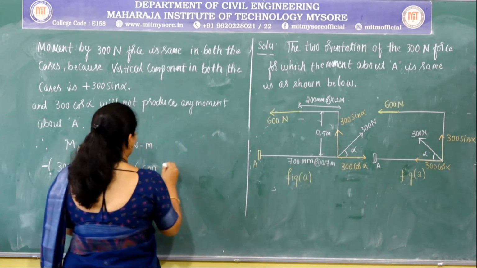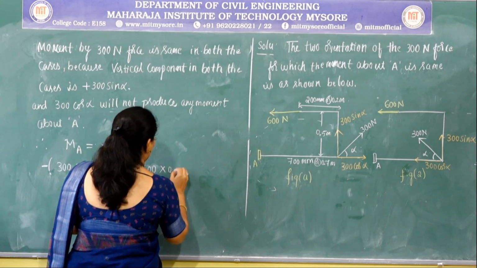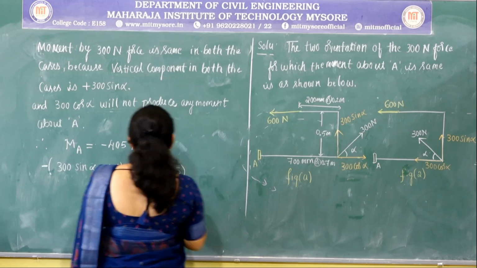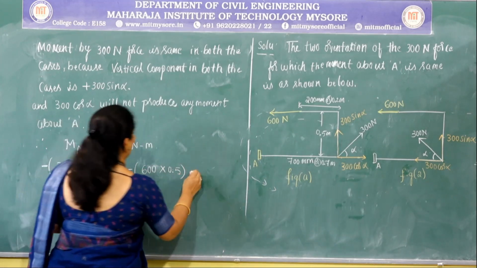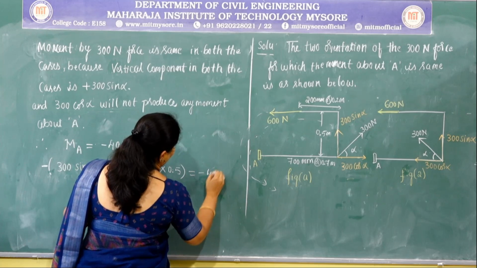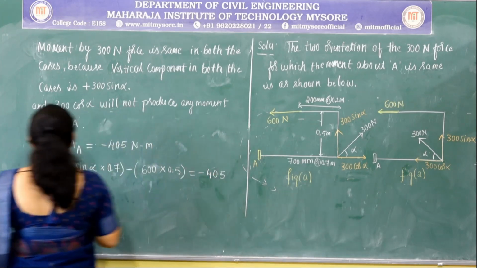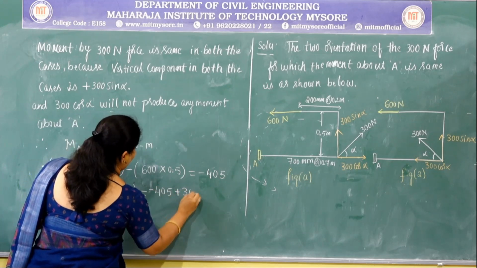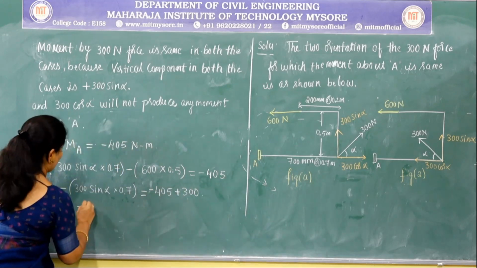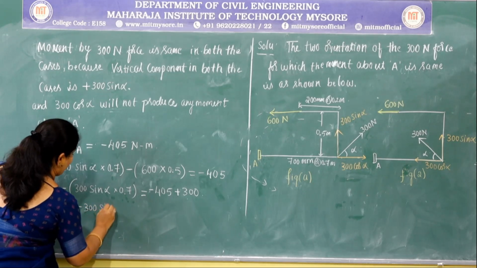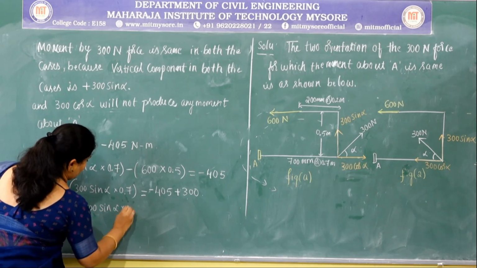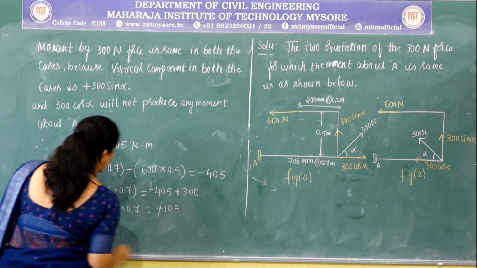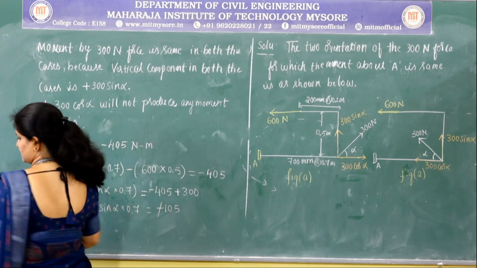So 600 multiplied by 0.5 meters, and this will again produce an anti-clockwise moment about point A, which is equal to minus 405. So this minus and minus get cancelled.